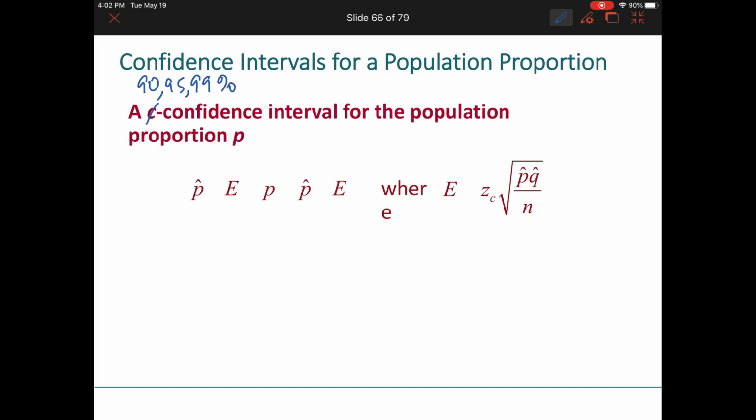So I'll fill in a few details here. This version uses a C confidence interval. Just think of this as being 90, 95, 99%. C is just sort of a filler for that.